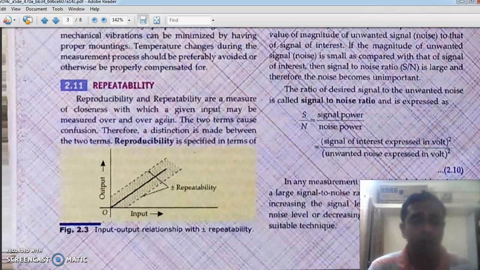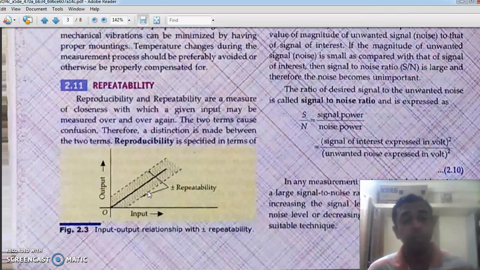That is, when we take the readings over and over again, this is the ideal true value, but the measured quantity is in and around this true value. Or you can establish a tolerance band, so that if the readings fall within that tolerance band, then you can tell that the reproducibility of the measuring instrument is good.